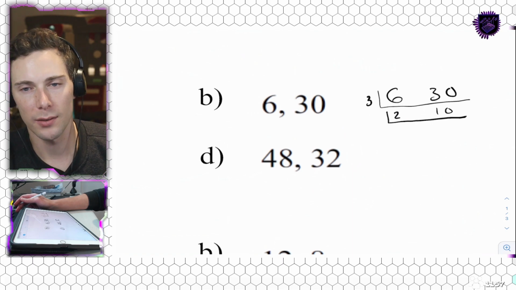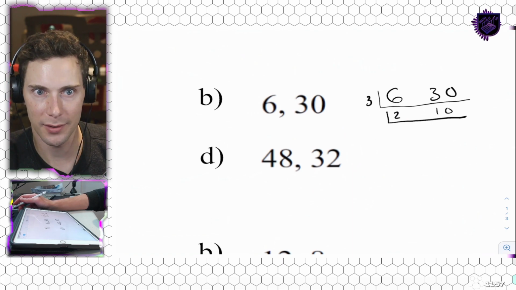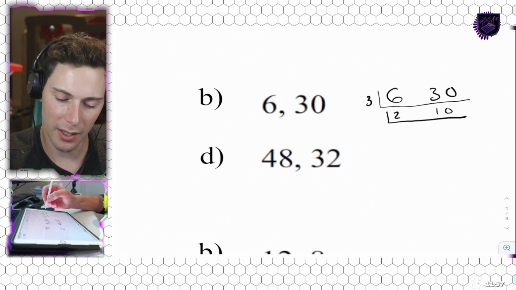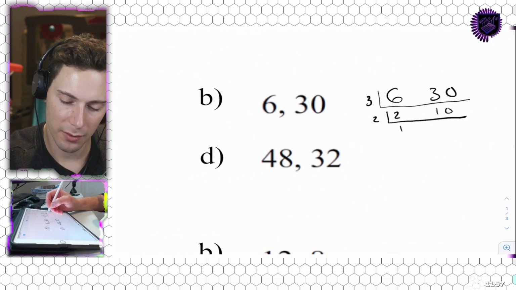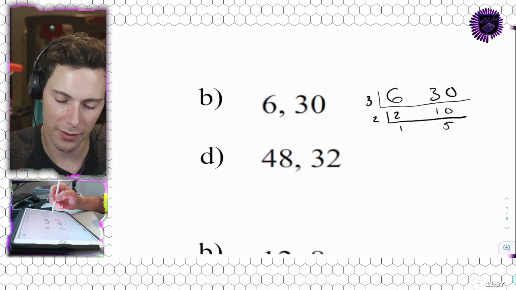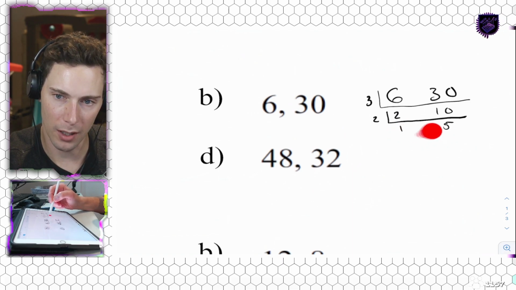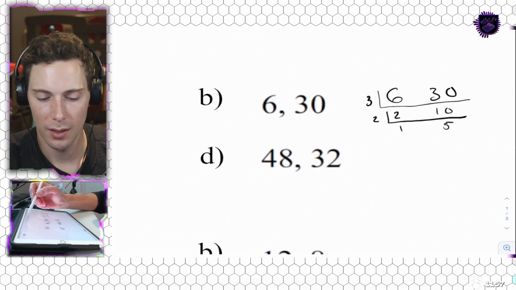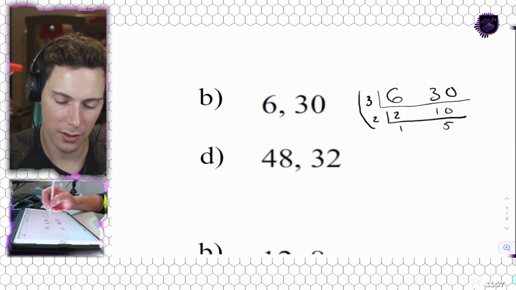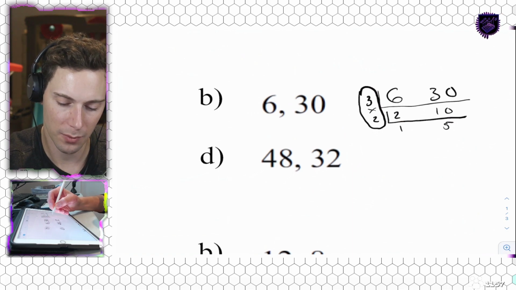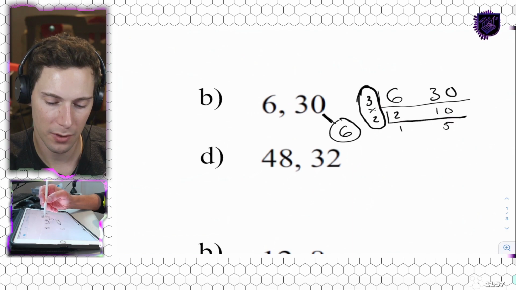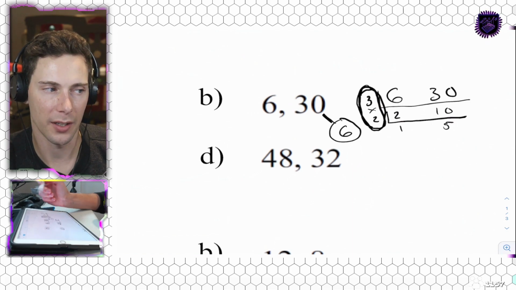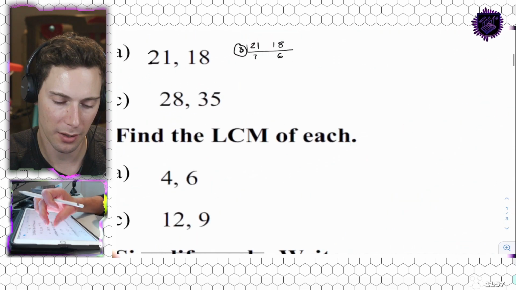I'm just modeling what it might be to not know that 6 was the biggest one to start with, but these still have a common factor. So 2, and that would be 1 and 5. Now the next line, 1 and 5, they don't have a common factor greater than 1. So on the side, the GCF is going to be 3 times 2, so the GCF is going to be 6. If there are 2 numbers along the side here, you have to multiply them together. If you remember that strategy, the ladder method.